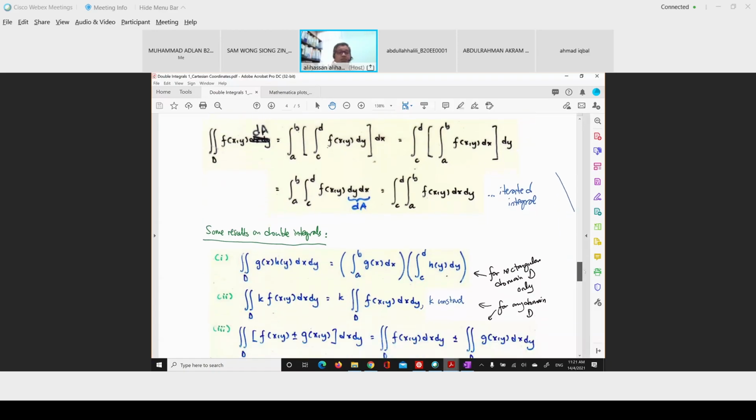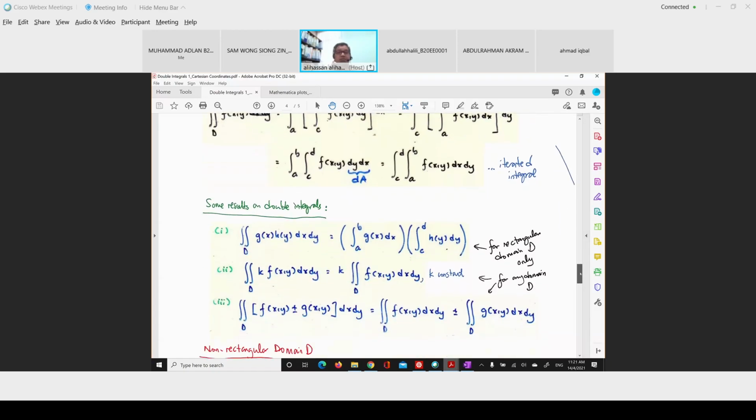And these are some results related to double integrals. For the first result, if the function f(x,y) can be written as a product of a function of x alone times a function of y alone, we can write it as a product of two single integrals: the integral with respect to x only times the integral with respect to y only.